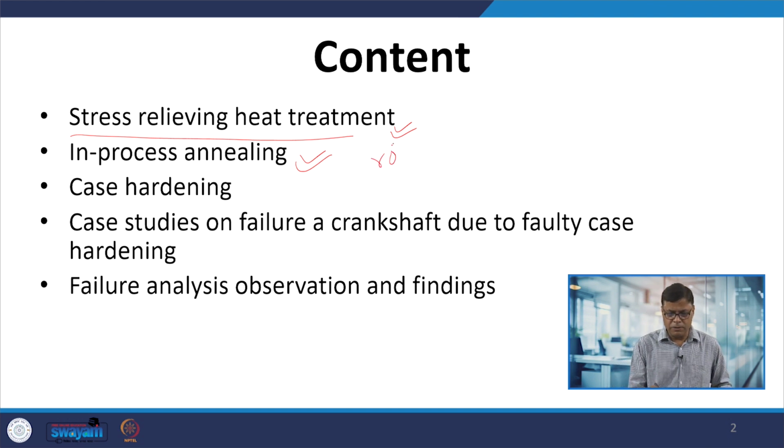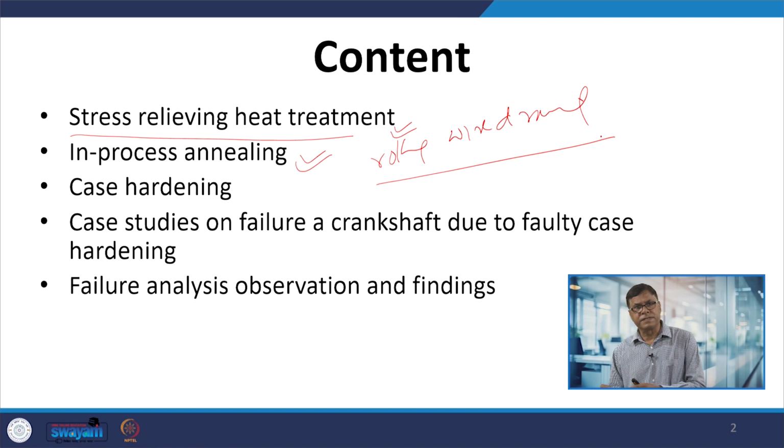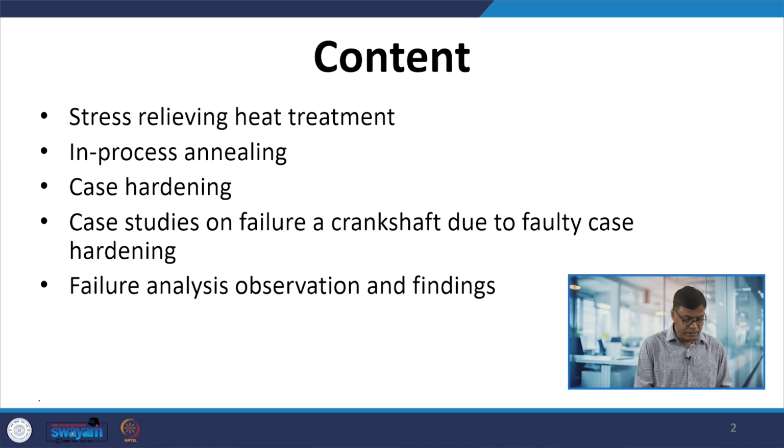Basically, in rolling and wire drawing kind of processes, things are done in a lot of stages. After the initial stage, materials get hardened. So, to induce softness, in-process annealing is done, so that the material can be formed continuously without development of cracks.